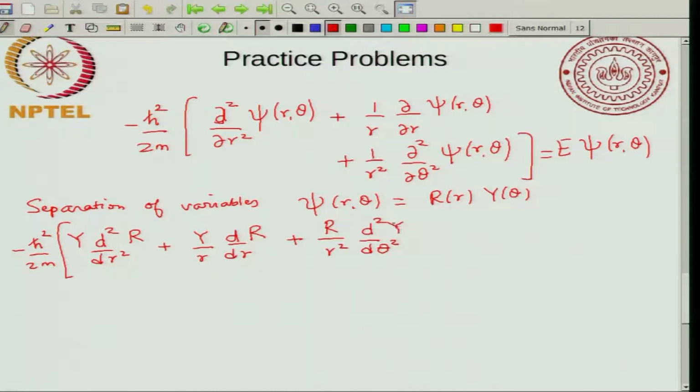Y is only a function of theta, and this should be equal to E times R times Y.